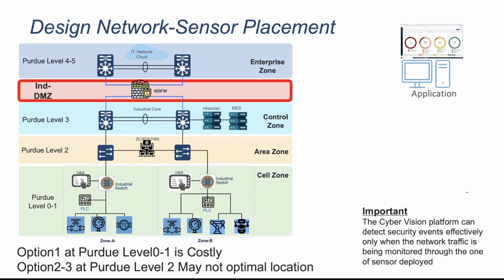So how do we decide where to place these sensors? Monitoring all the traffic at Purdue level 0 and 1 requires an expensive out-of-band network. If we want to capture all the traffic from the sensors, it could be challenging.